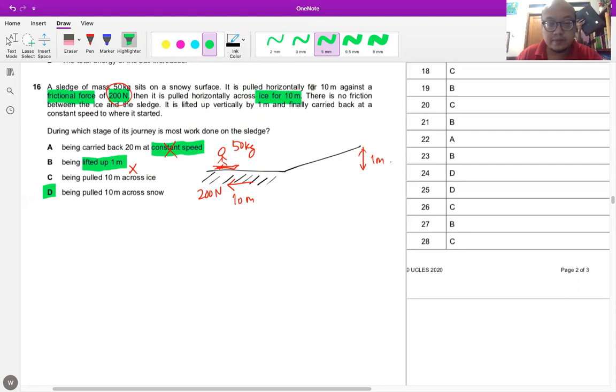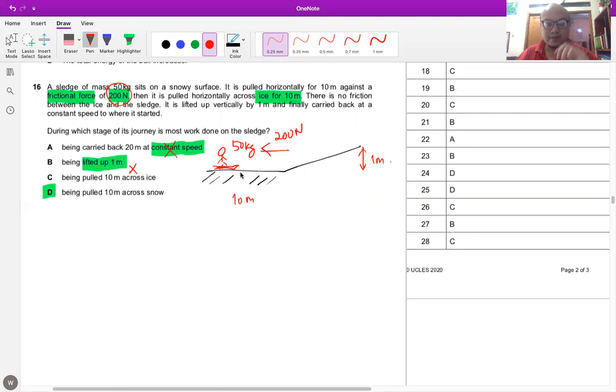This is snow, and the force is about snow. In this area, they don't have any friction. There is no friction between ice and the sledge here.